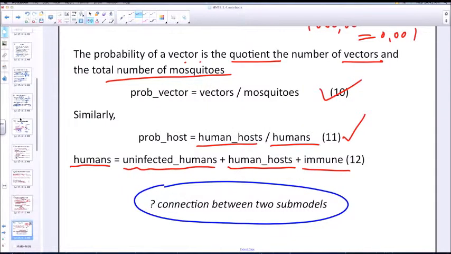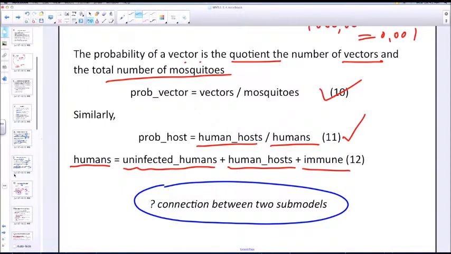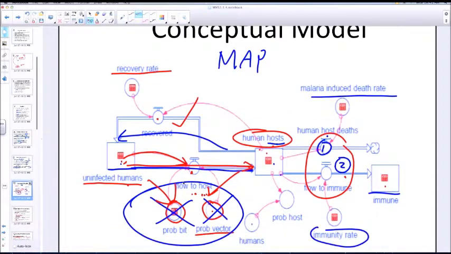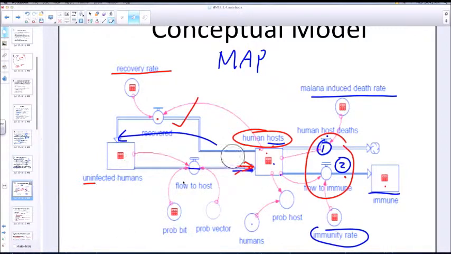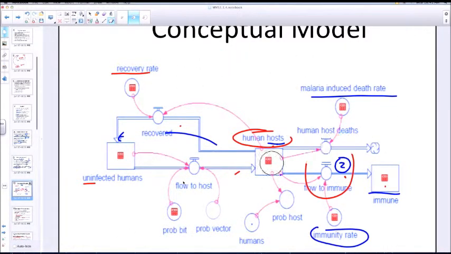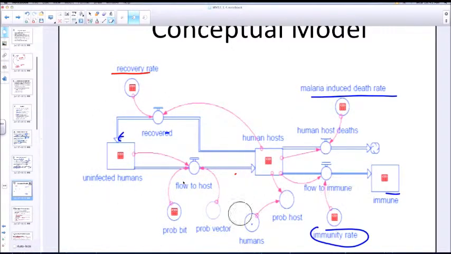Now we can think about, in both models, which parameters are shared. We know the variables will not be shared, because the population won't change from mosquito to human, and humans don't change to mosquito. The real matter is this: the probability of biting.